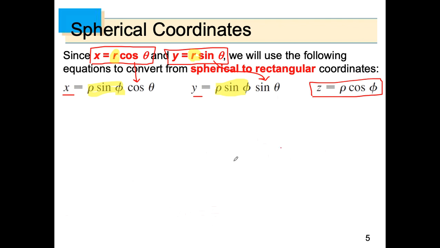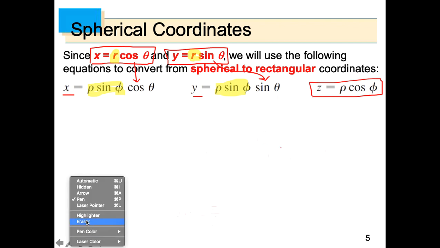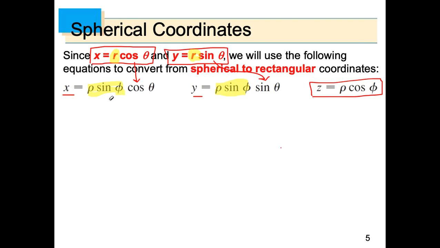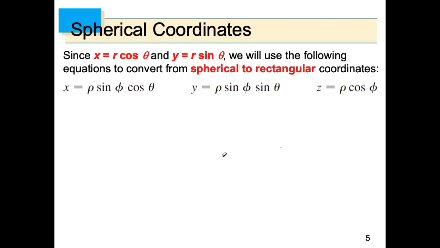Therefore, we now have the relationship that converts our rectangular coordinates x, y, and z to our spherical coordinates rho, phi, theta. So if we are trying to convert from spherical to rectangular, these are the formulas we're going to use right here.